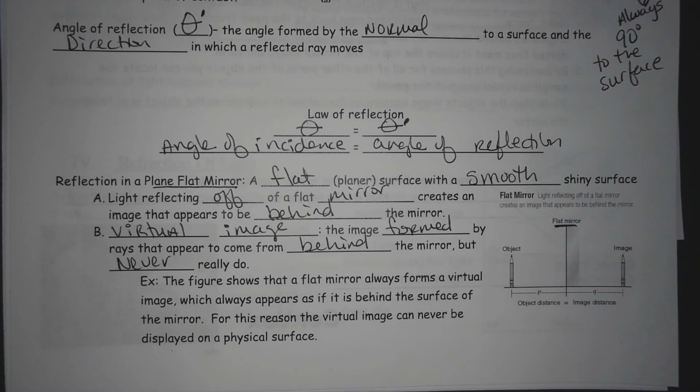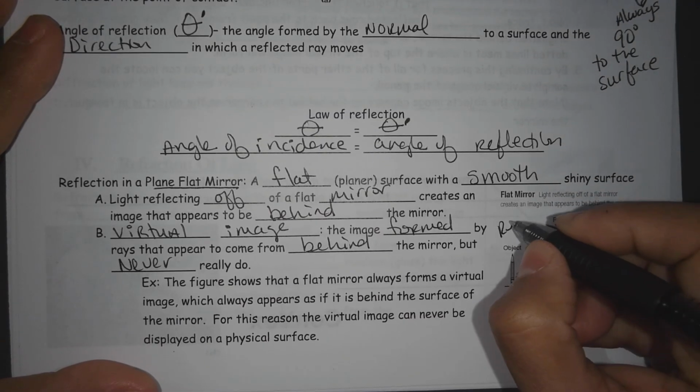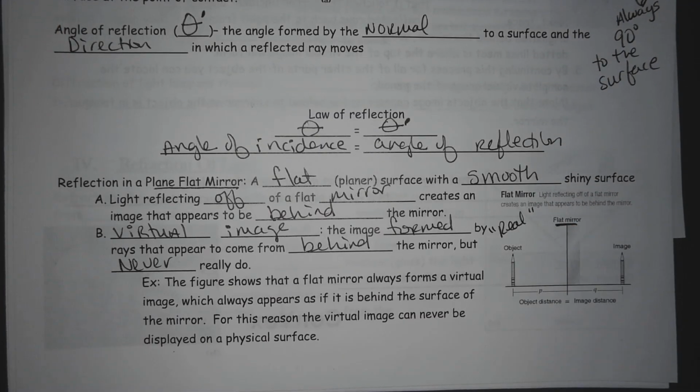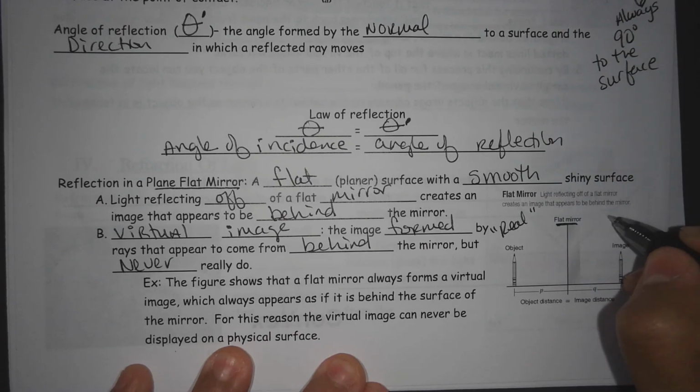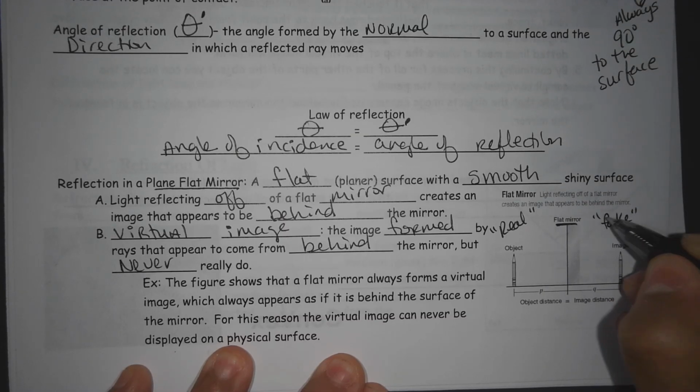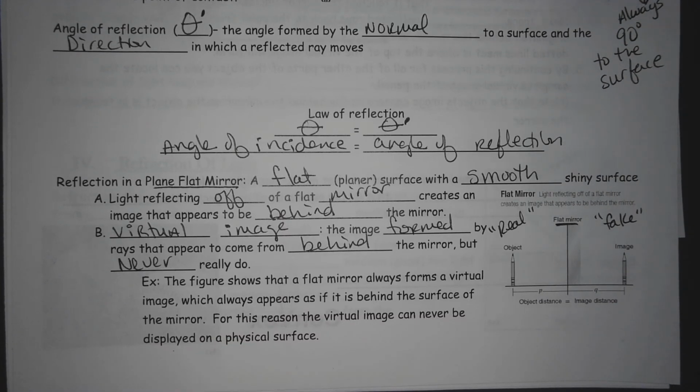This is the mirror, and that is the object, the quote-unquote real object that stood in front of the mirror. The mirror is going to produce what we call a fake image, or a virtual image is the real word. It's going to produce a virtual image that is always going to be upright, but it is always going to be flipped.